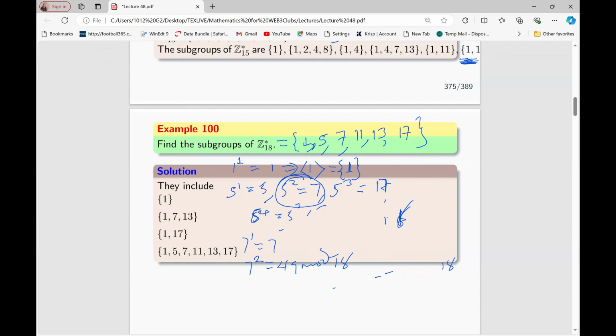Is it 11? 13, huh? Okay, so it's generating this one. Let's see. 13 times 7, which is 91, mod 18.